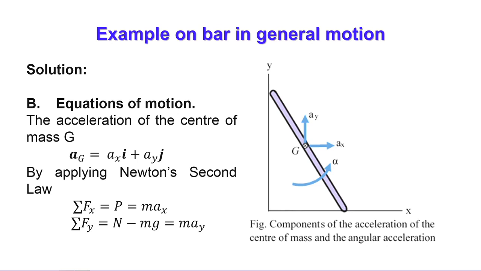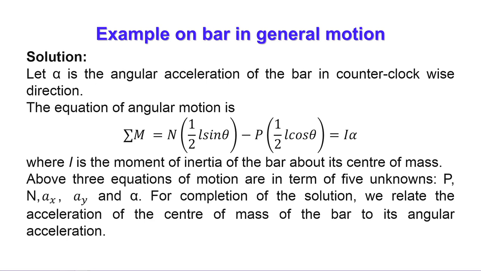So, we can write these equations of motion, and we can find the moment about the C g. The moment of the bar about the C g equals I alpha, where I is the moment of inertia, and N and P will create some moment. So, total moment equals I alpha. This way we can find out.